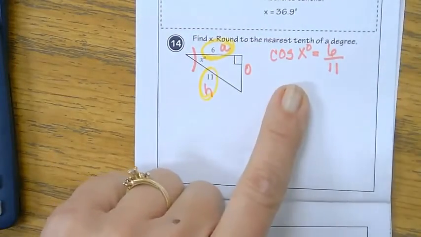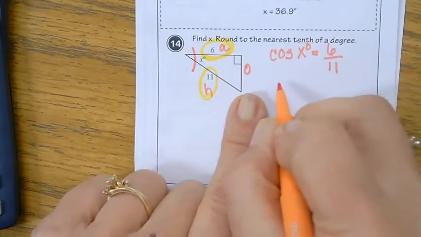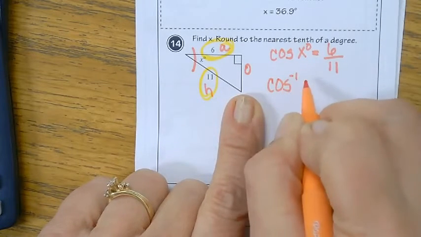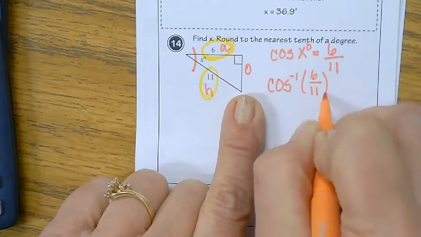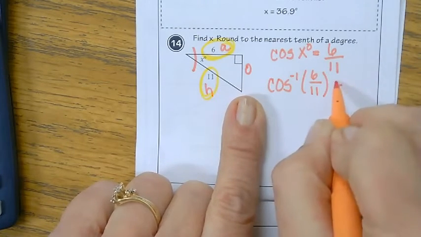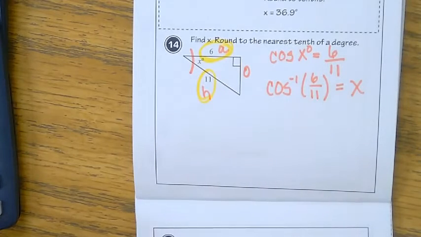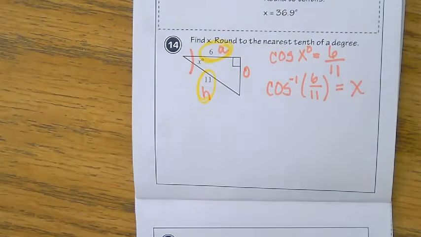So what I want you to write here now is we're going to kind of write this in reverse. We're going to write cosine to the negative 1 of 6 over 11 equals x. What we're really doing is writing what we call the inverse of it. And once you rewrite it like that, that's exactly how you put it in the calculator.